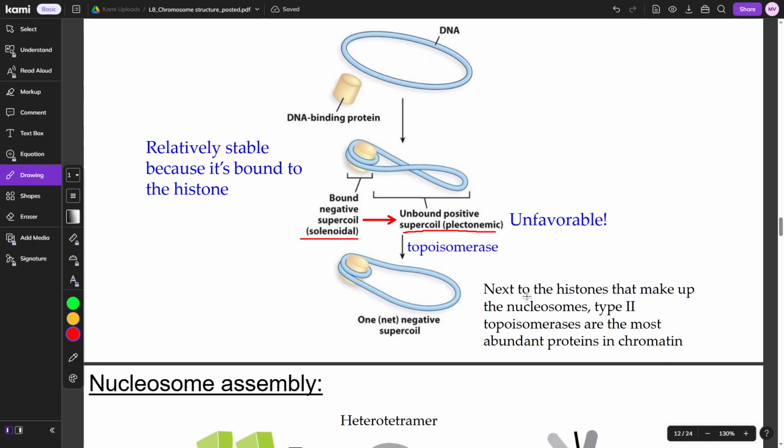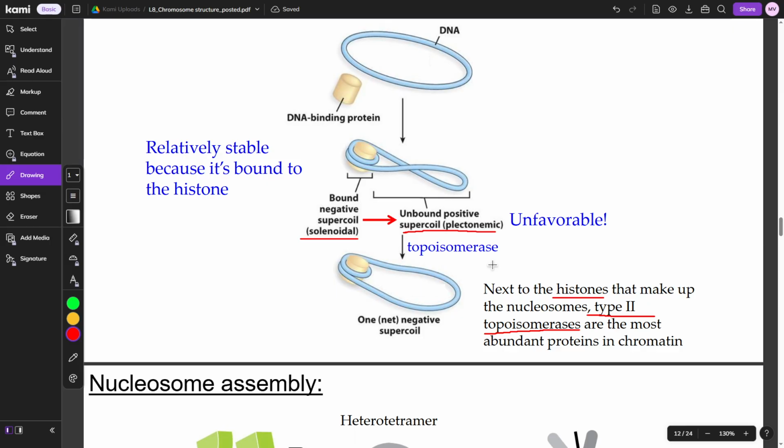Another thing to note is that histones are the most common protein in nucleosomes, but type 2 topoisomerases are also similar in abundance compared to histones, which is kind of insane to think about.